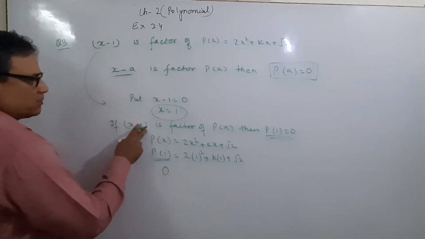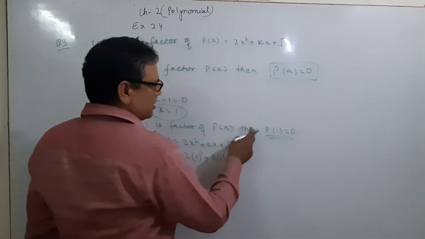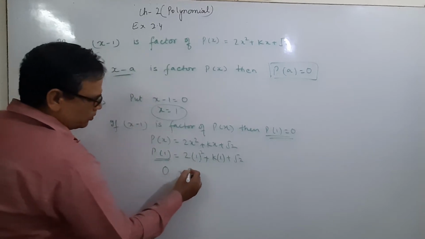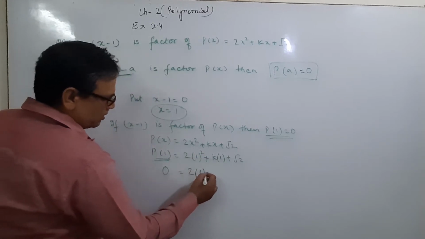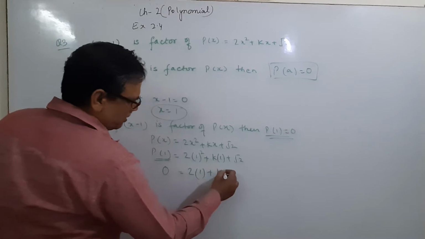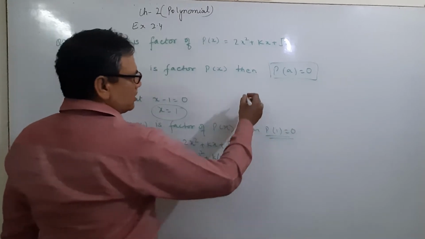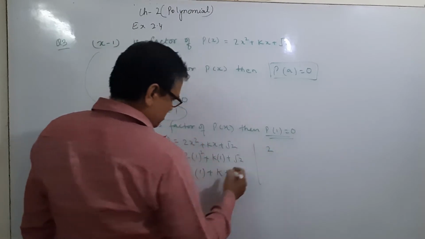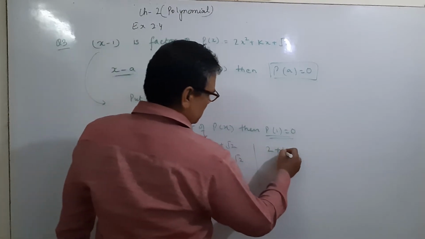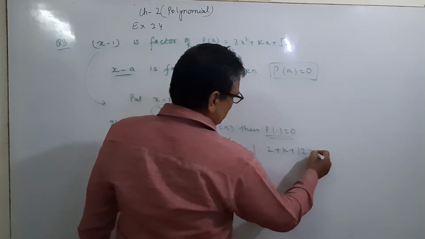Because x minus 1 is a factor of p(x). So 0 equals 2 times 1 square, which is 1, plus k into 1, k, plus root 2. Here is 2 times 1 which is 2. Then 2 plus k plus root 2 equals 0.